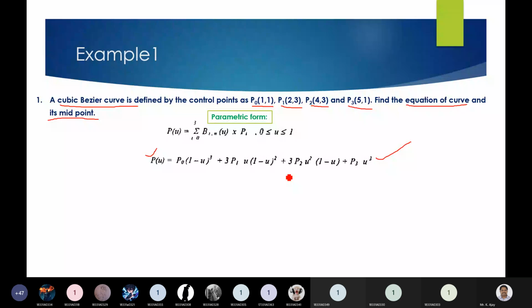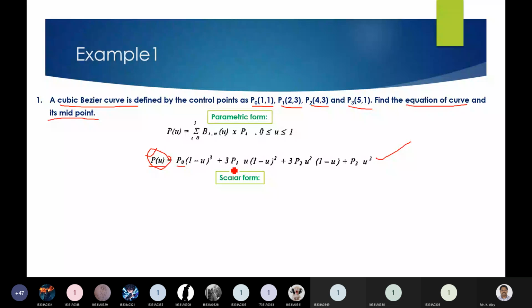There is another form called the scalar form or algebraic form in certain textbooks. The same parametric form in scalar form, you can write for x as an x equation, and you can also write a y equation separately. Nothing but x of u is equal to, instead of P0, it will be x0: x0 into (1 minus u) whole cube plus 3 x1.